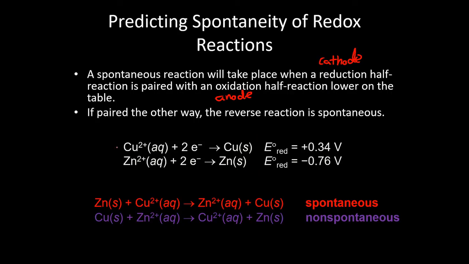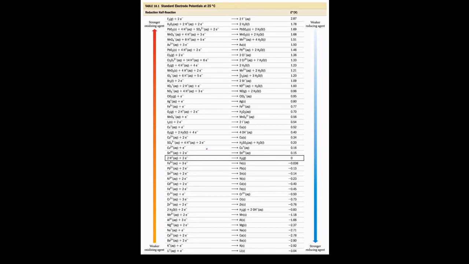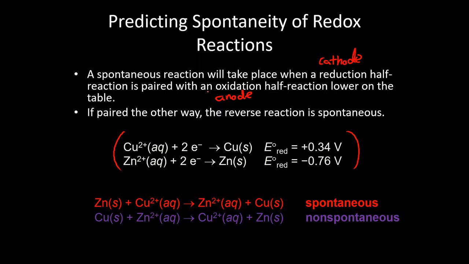reaction. So, just as an example here, we have two different half reactions. We start off here with both of them shown as being reductions, because that's how everything looks on our table here. Everything is written as a reduction. So we have copper 2 and zinc 2 being reduced. In one possible combination here, we have the copper being reduced and the zinc is being oxidized.